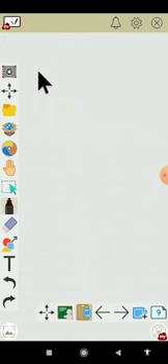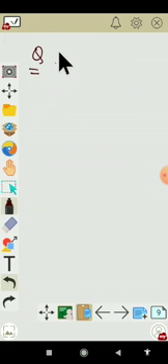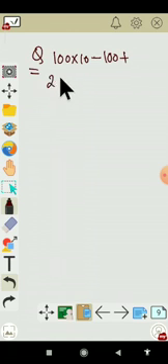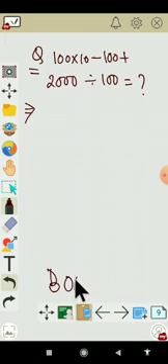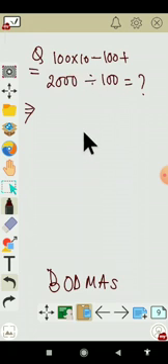One more problem we will solve, which is also a simplification. Suppose 100 into 10 minus 100 plus 2000 divided by 100 is there, and we have to simplify this. First, write down the BODMAS rule somewhere and try to find out whether a bracket is there or not, of is there or not, divide is there or not. Divide is there, so do the division first.